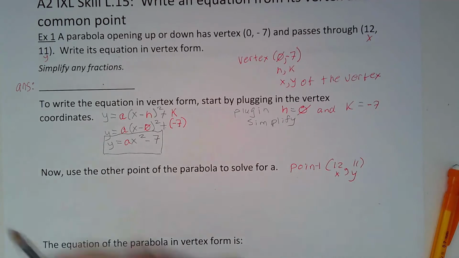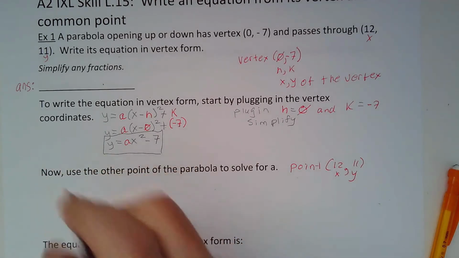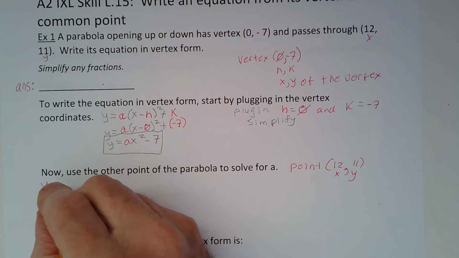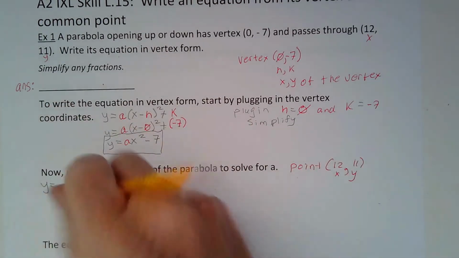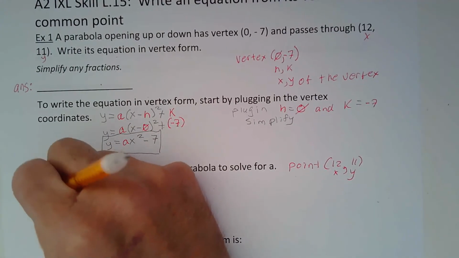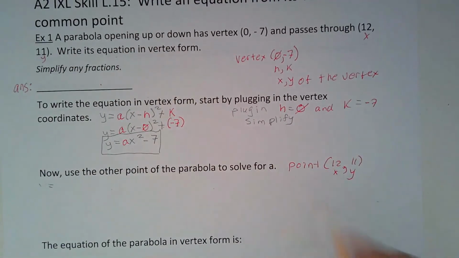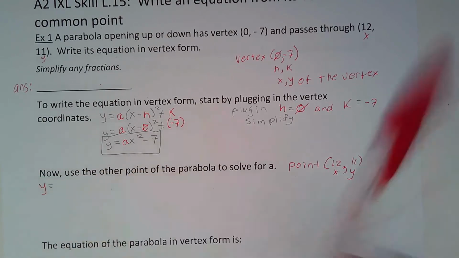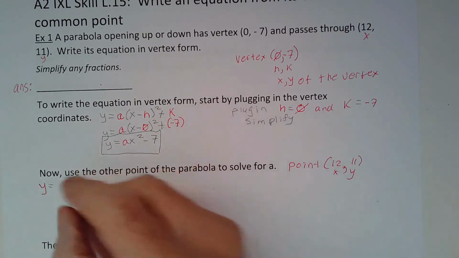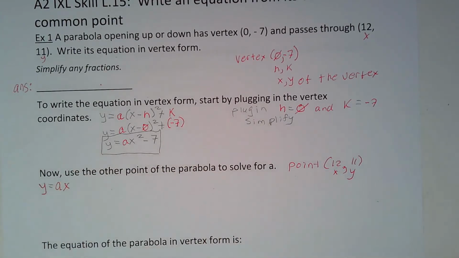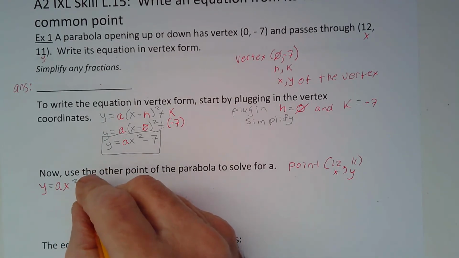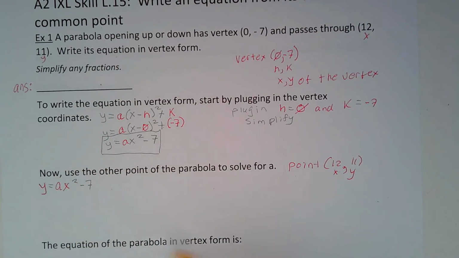So y equals, and I'm going to make my x and y red because these are red. So y equals a, that's still in red, and x in red, squared, minus 7.